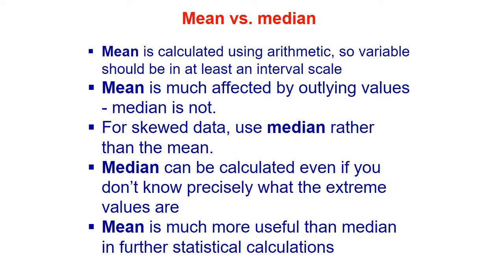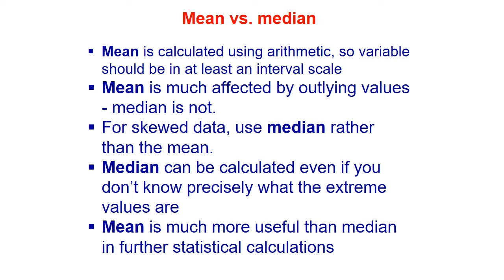The first thing to do when analyzing a numerical variable is to know the distribution of the data. You can do this by constructing a histogram and then look at the symmetry of the data. If data are symmetrical, use the mean as a measure of central tendency because it uses all the values in the dataset in its calculation and therefore has better statistical properties.